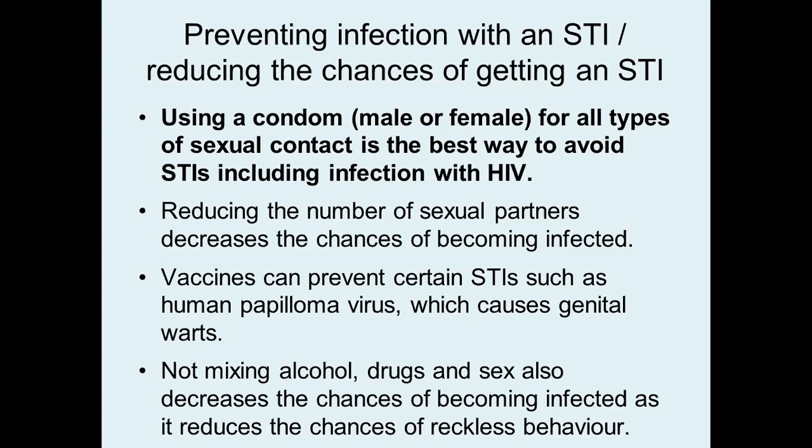The second really important way of preventing infection is reducing the number of sexual partners. That doesn't mean the number of times a person has sex in total, but the number of different partners. And this decreases the chances of becoming infected.